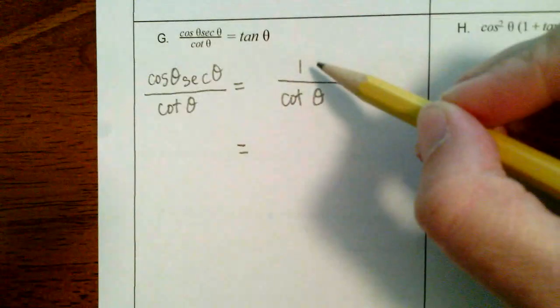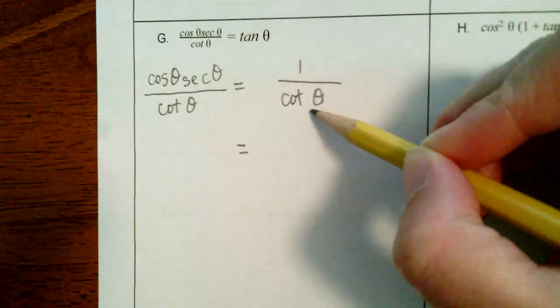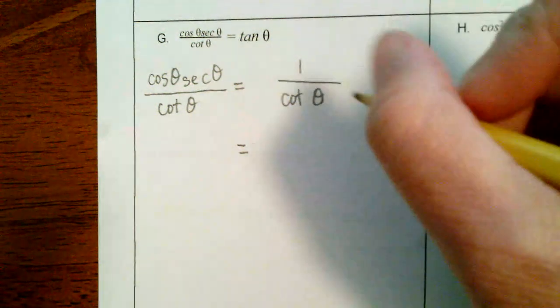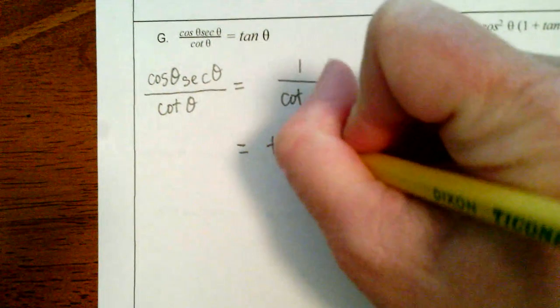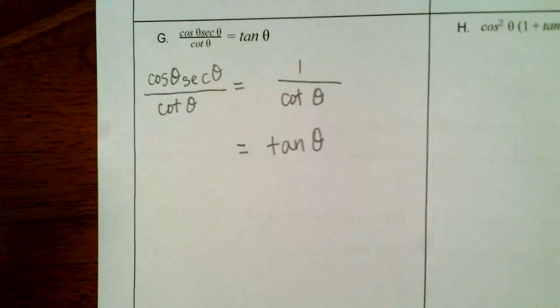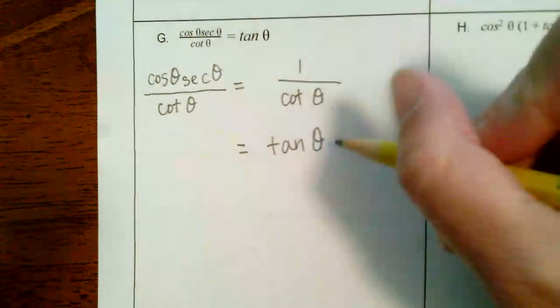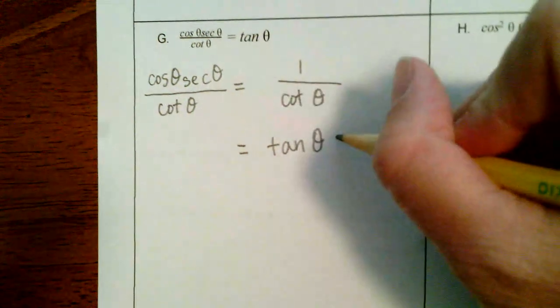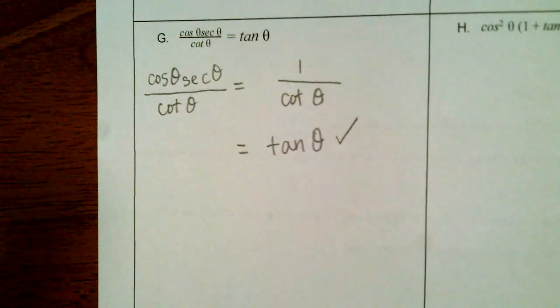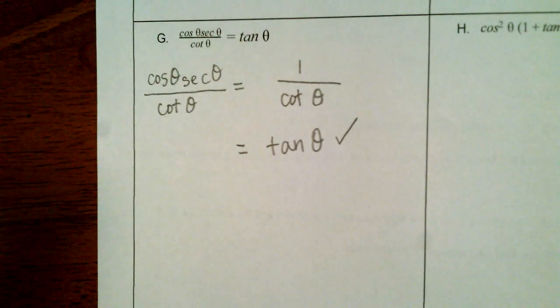And I remember that 1 over cotangent of theta, using another reciprocal property, is equal to the tangent of theta. Now I'm back where I want to be, so I can put my check mark and my identity is proven.